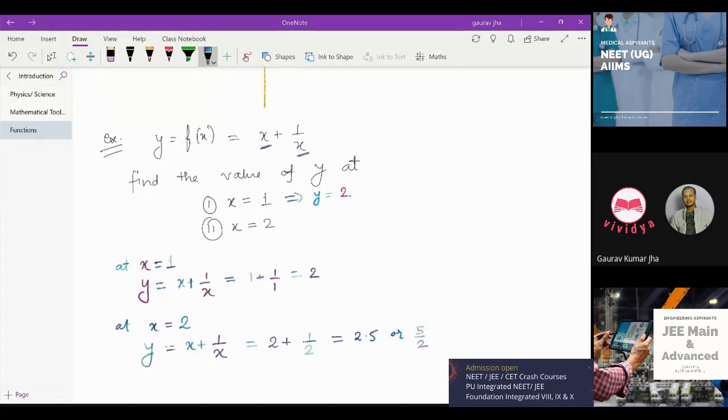So right now you just evaluated the function at different values of x. Nothing, no big deal. A function is the beginning of an idea. You are saying, I have a variable which depends on another variable. Depending upon whatever the value of the other variable is, my dependent variable will have this much value.